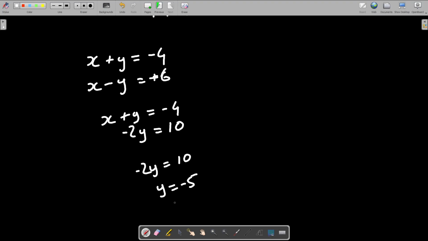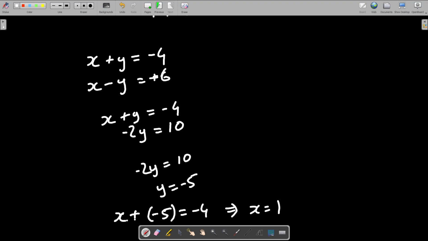Right? So substituting in the first one, x plus minus 5 gives you minus 4. Right? Take minus 5 on the other side. So this leaves you with x is equal to plus 1. Plus 1 minus 5, yeah, correct.